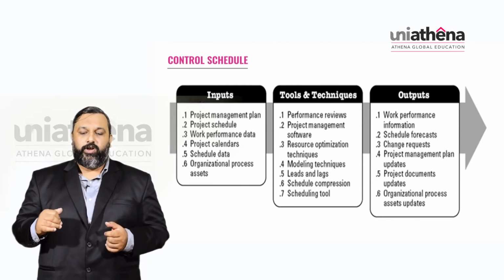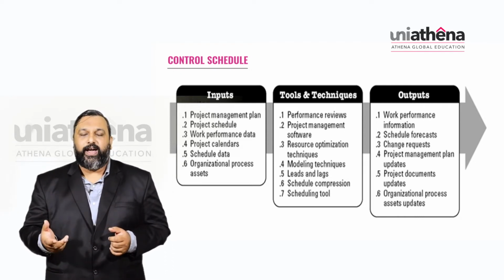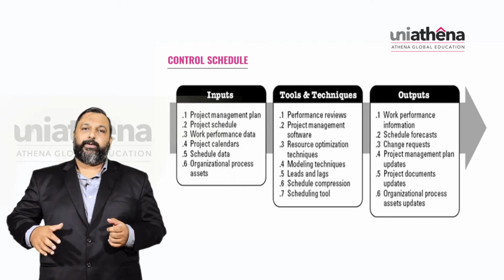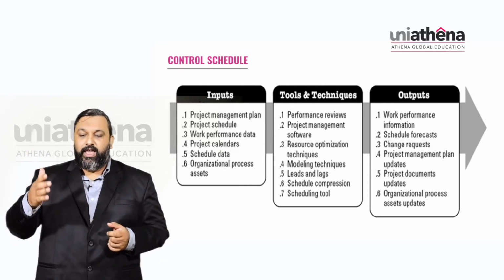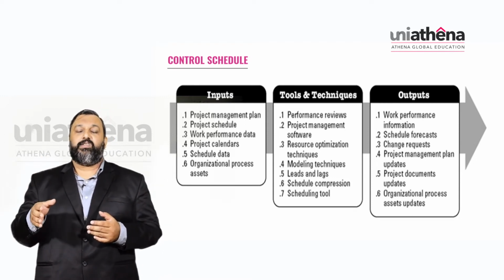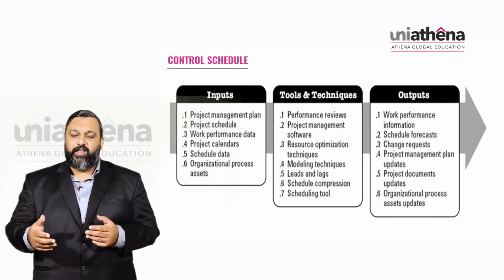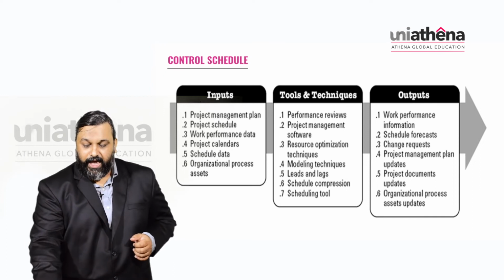And outputs are going to be your work performance information, schedule forecasts, and change requests. You have all the updates to the project management plan, then the project documents updates, that is your lessons learned registers and all similar things, and then your organizational process assets updates.